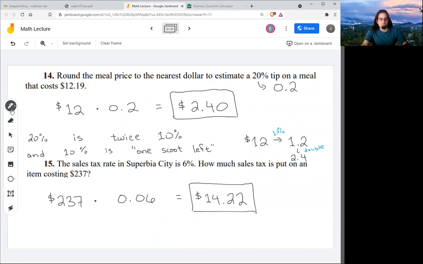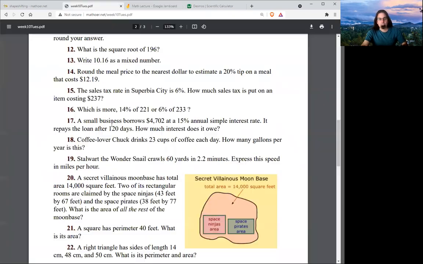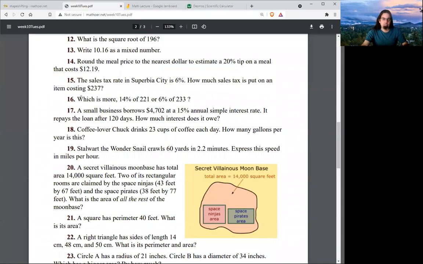If you didn't get 0.06, then that was because I take the 6%. I'm going to go left out of percent. That makes it 0.06. 16, you just do that twice. 14% times a number, 6% times a number, and pick whichever is bigger.